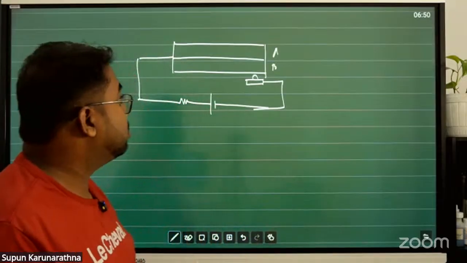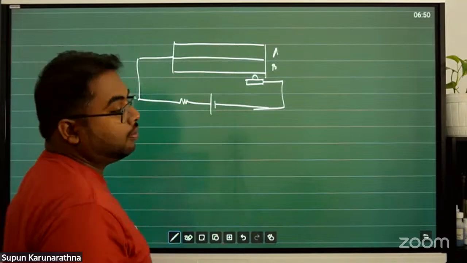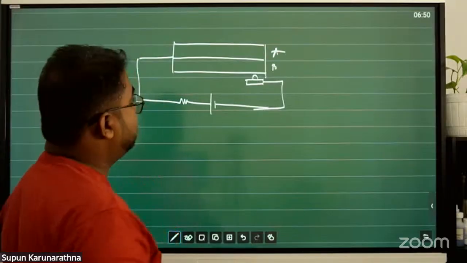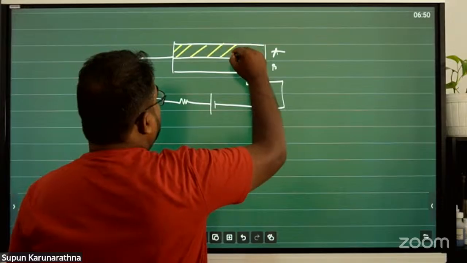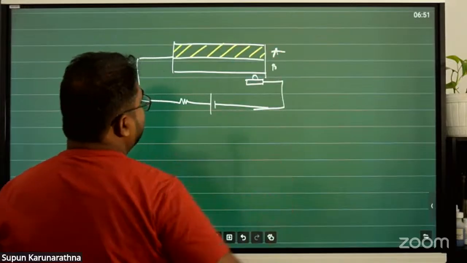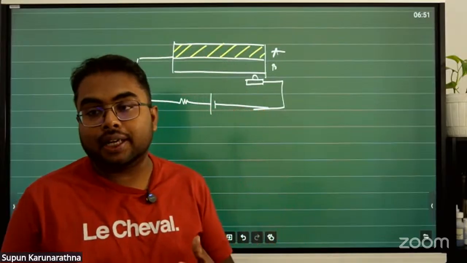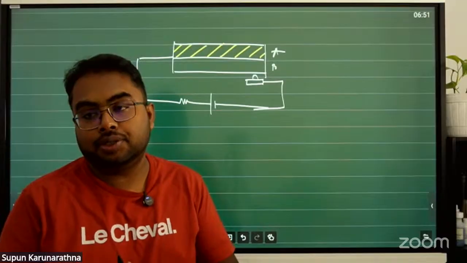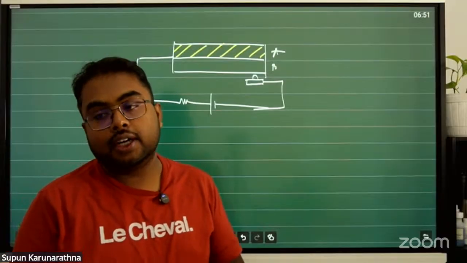Those two metals have different expansion properties. What do we mean by that? When we heat each metal, both expand due to the temperature, but the expansion is not the same. They expand by different lengths. That is what we call different expansion properties.